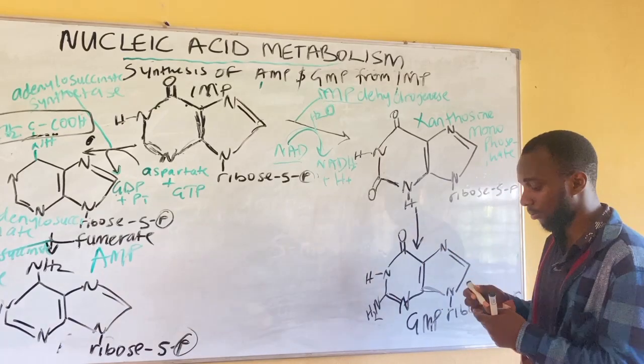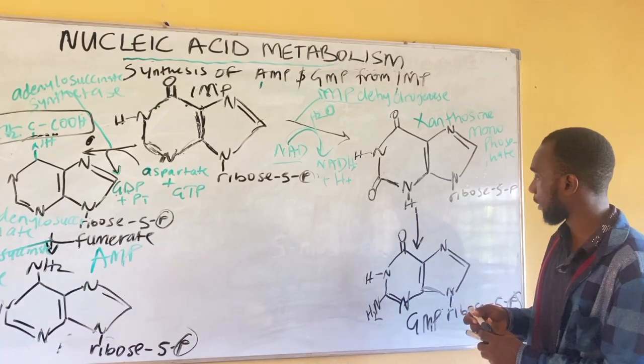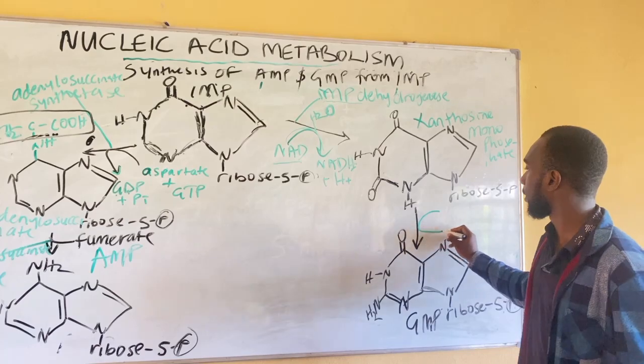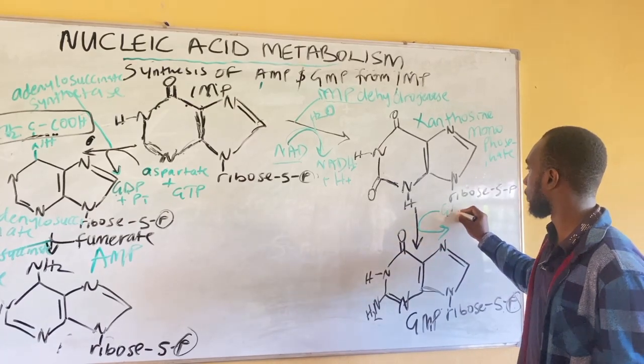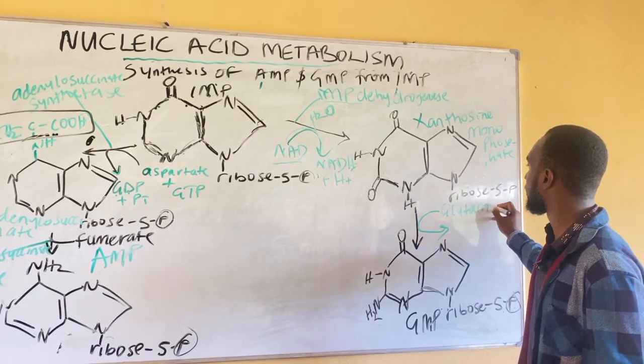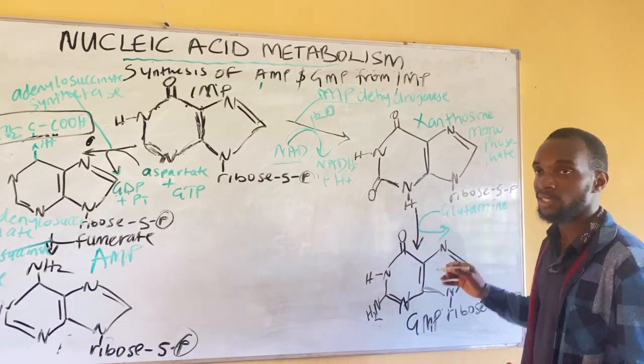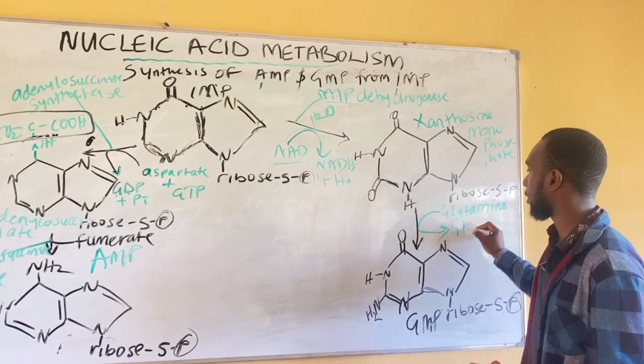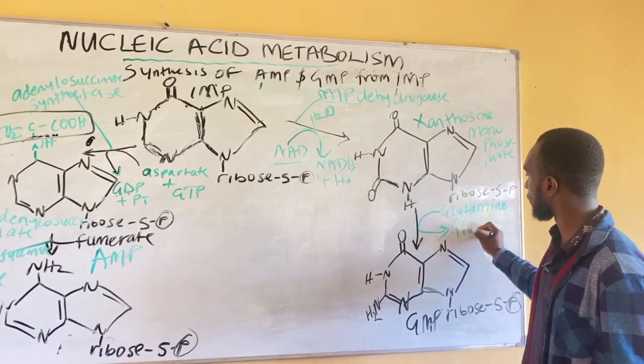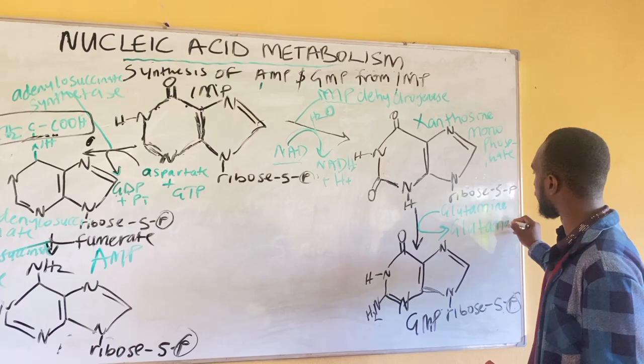So look at this now. Let's look at what came in and what left. Glutamine will come in to donate its amino group. Glutamate is glutamine without the extra amino group, so glutamine comes in, glutamate leaves.